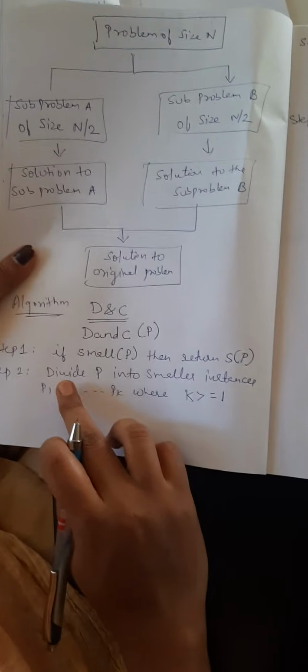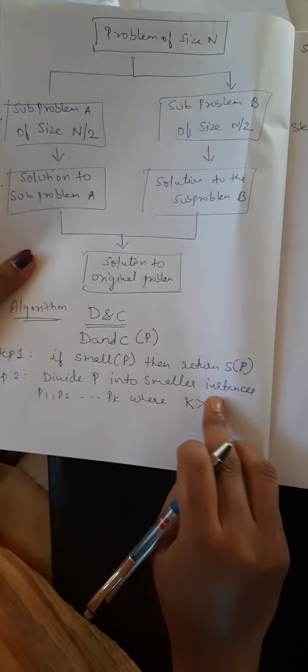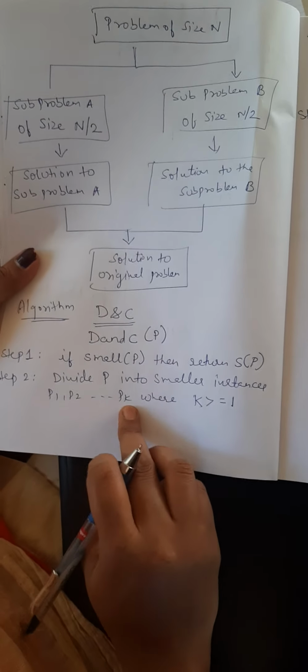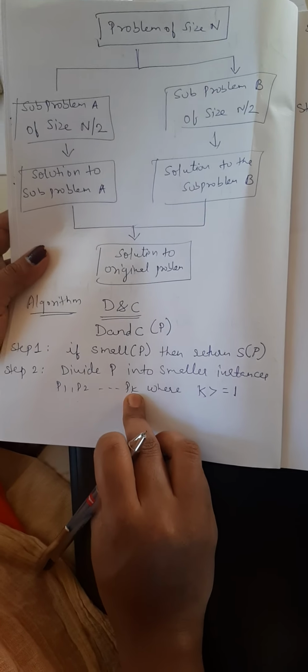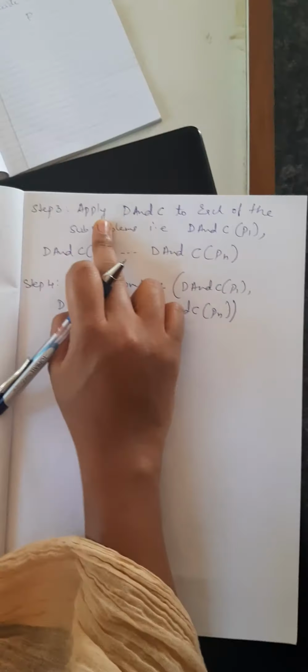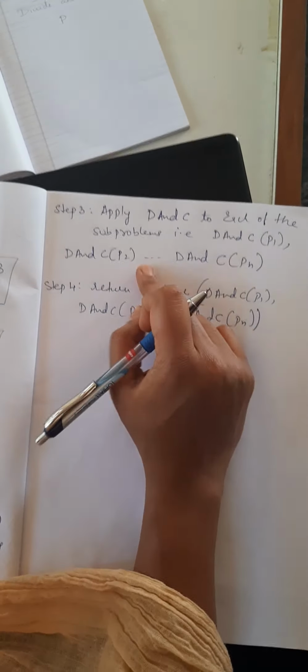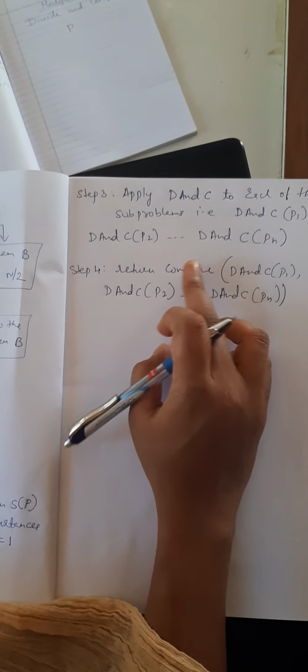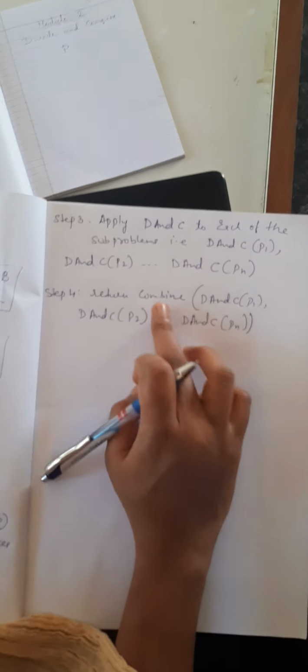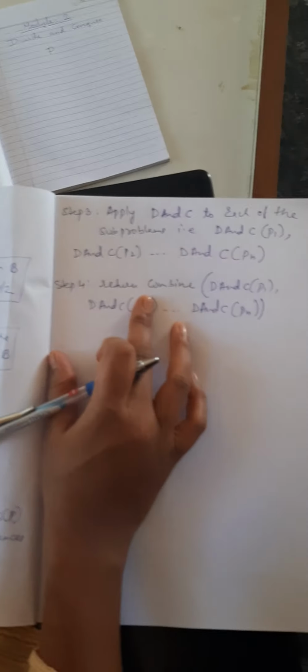Second step is divide the problem into smaller instances, say P1, P2, Pk, where always this K should be always greater than or equals to 1. Step 3, apply divide and conquer to each of the sub-problems, that is divide and conquer of P1, P2, P3, so on. Step 4, return means you have to, after combining all this solutions, you have to combine those things. That is the step 4.